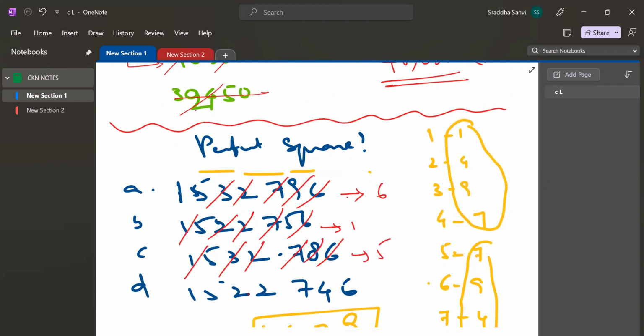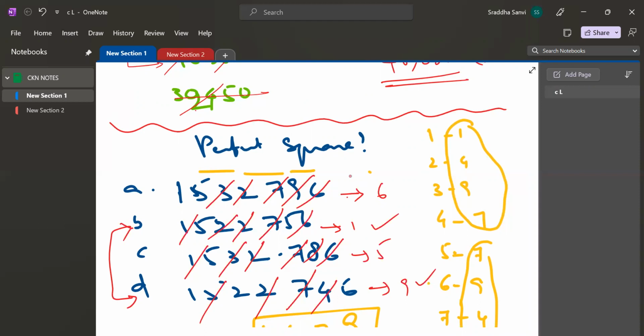Next, 7 plus 2 waste, 5 plus 4 waste, 6 plus 2 plus 1, 9. So 1, 4, 7, 9. You have eligibility only for B and D options.